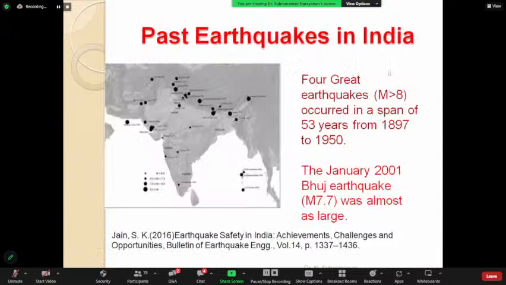Four earthquakes of magnitude 8 or greater occurred in the span of 53 years from 1897 to 1950. The January 2001 Bhuj earthquake was almost as large. This picture shows the different places where the earthquakes occurred.